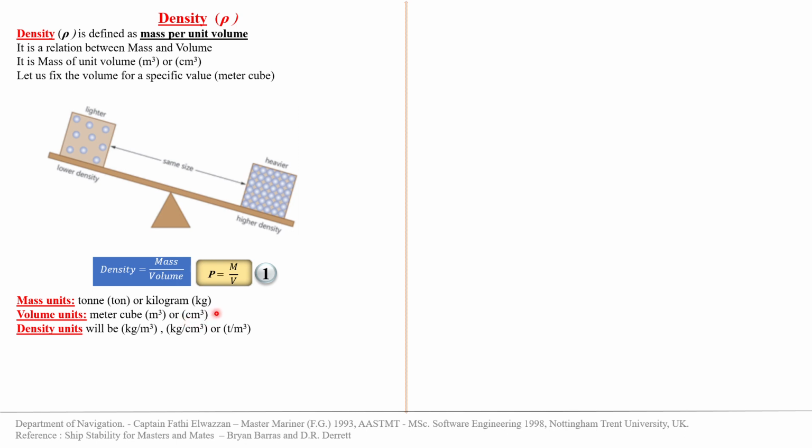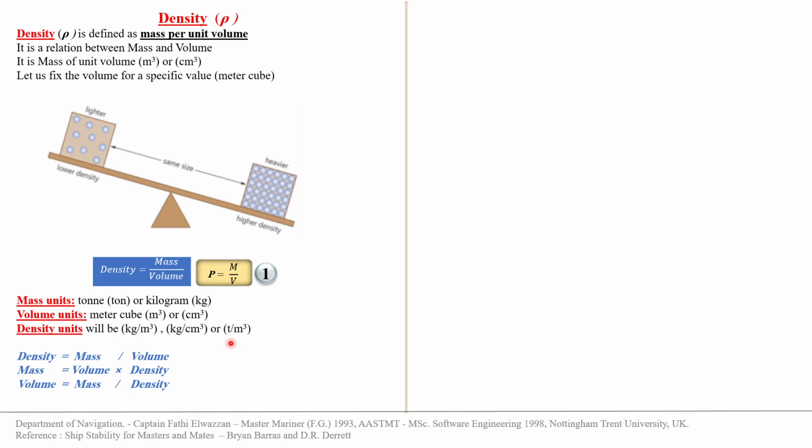Density units will be kilogram per meter cube, kilogram per centimeter cube, or ton per meter cube. These are the units of mass, volume, and density.